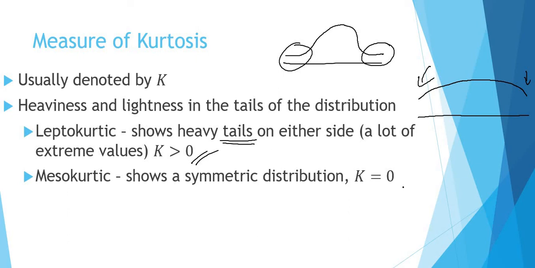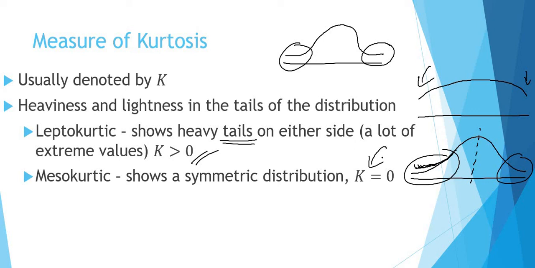If it's mesokurtic, it shows a symmetric distribution, very much like our skewness. Let's draw it again. Somehow symmetric. It should be like that. So, not very thick and not very thin. And that is if K is equal to 0.